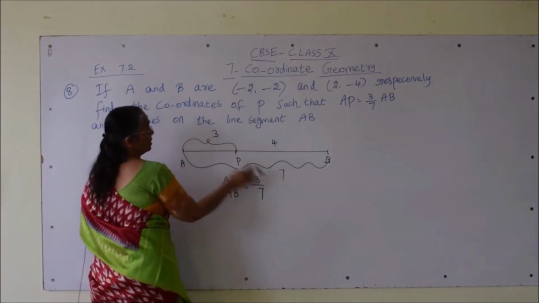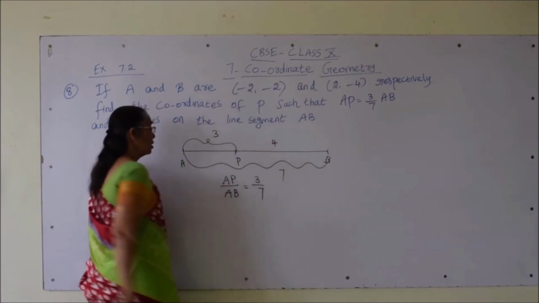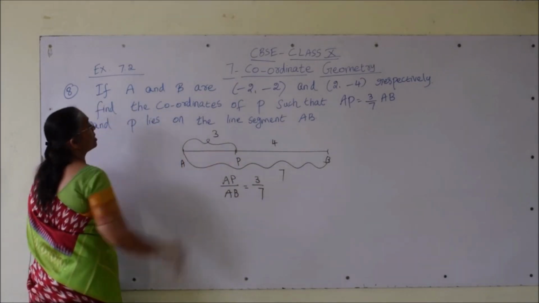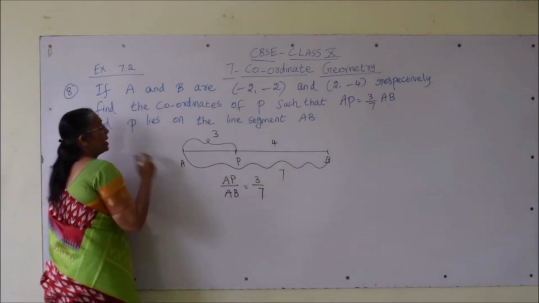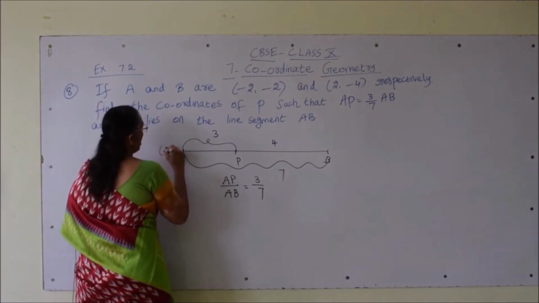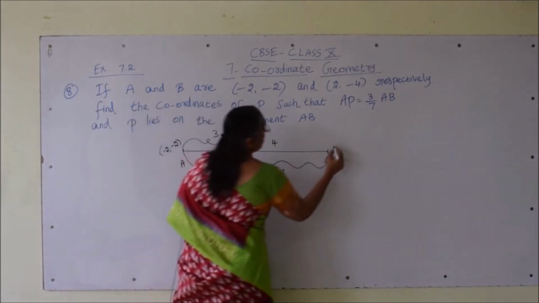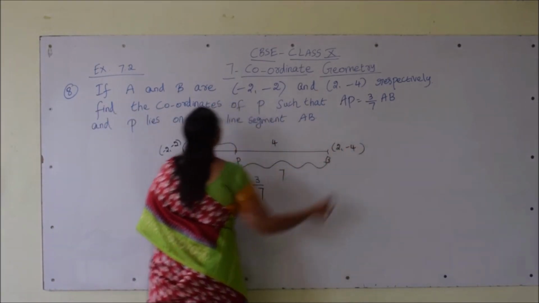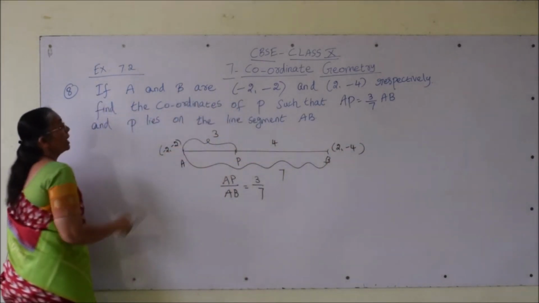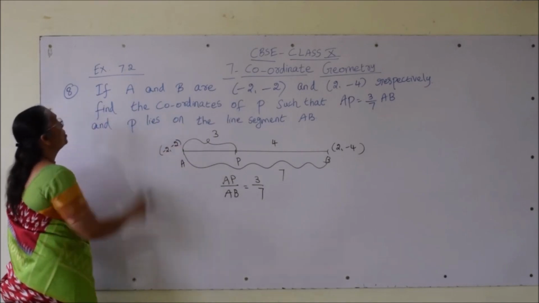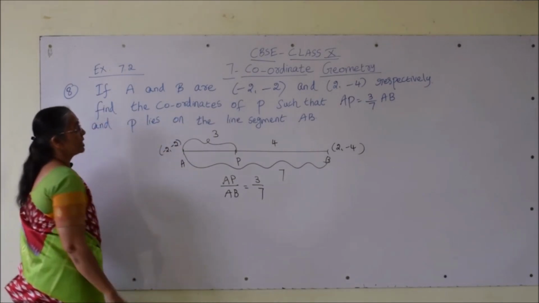Then PB is 4/7. So, we got the ratio as 3:4, and the A point is given as (-2, -2) and B is given as (2, -4). A and B are respectively given and we got the ratio also. Now, we have to find out the coordinates of P.